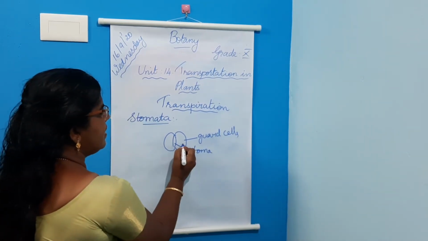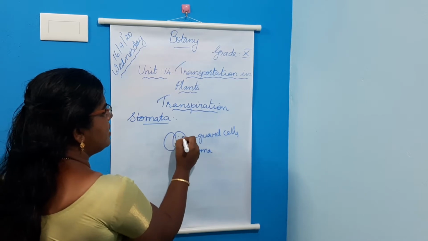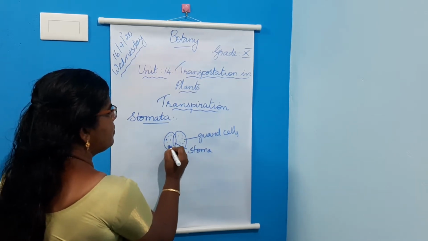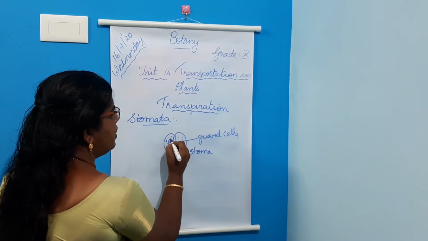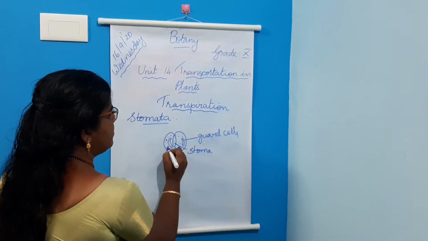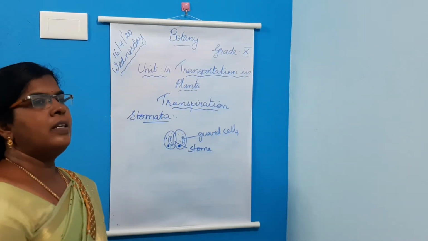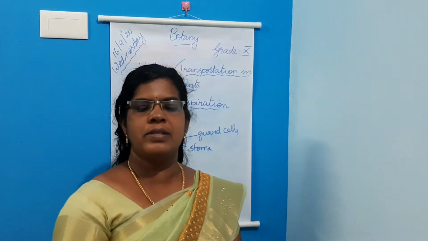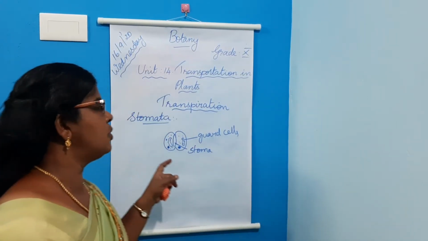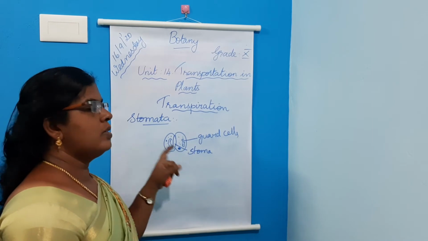These guard cells contain cytoplasm, chloroplast, vacuole and nucleus. The opening and closing of stomata is due to the turgidity of the guard cell.